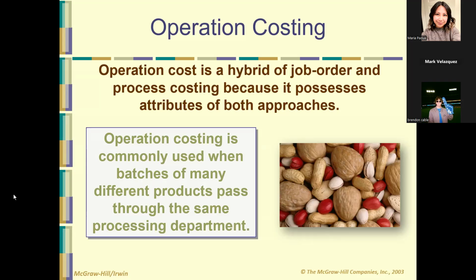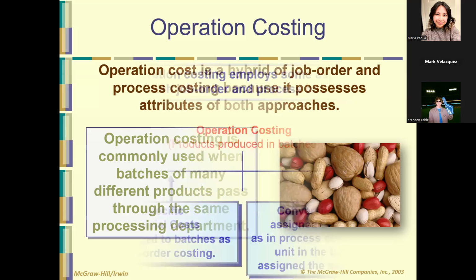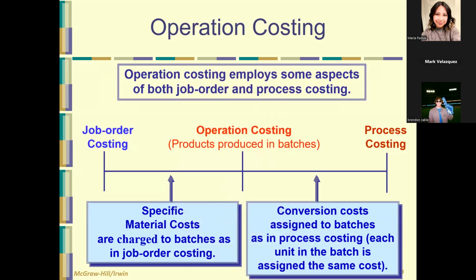Operation costing. A hybrid job order and process, it possesses attributes of both approaches. I really don't believe that we go into this in terms of the course. Let's take a peek at it. Operation costing, when many batches of the same thing come through. We know that. And job order is the opposite.